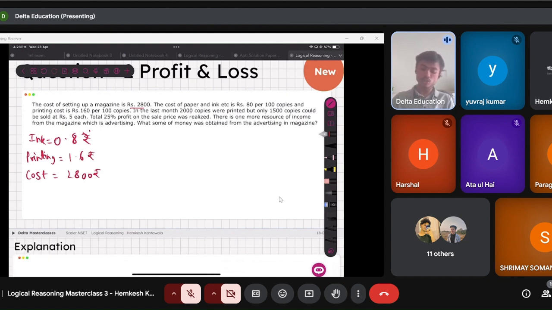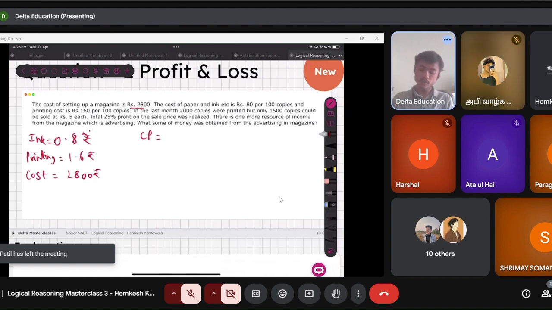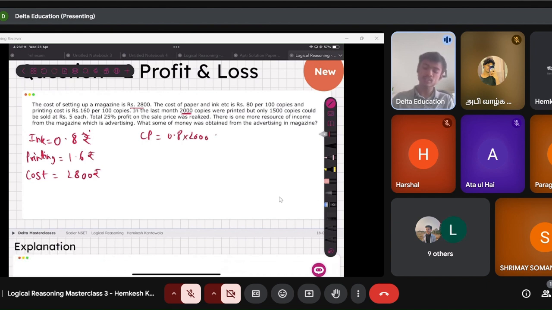Okay. So the cost price, if we want to calculate, would be the summation of all for 2,000 copies. So it would be 0.8 times 2000 plus 1.6 times 2000 plus the initial cost, which is 2,800. Now if we solve, this would be 1.6 times 1000 plus 3.2 times 1000 plus 2,800.